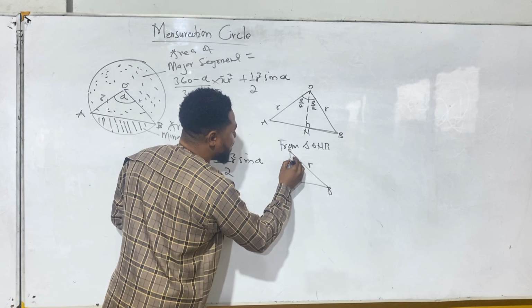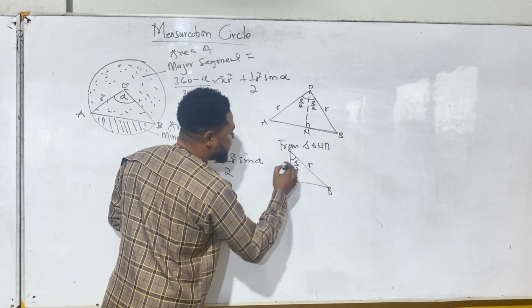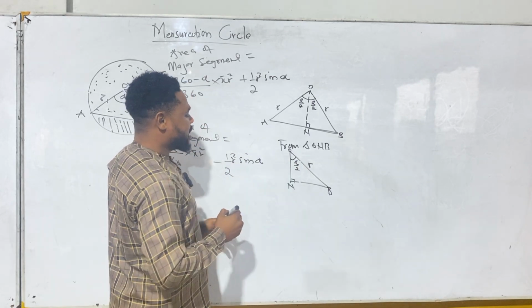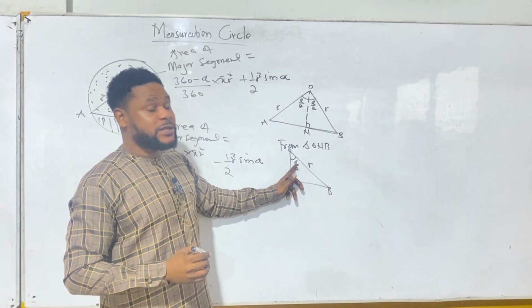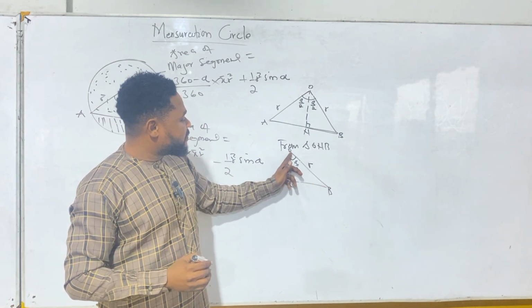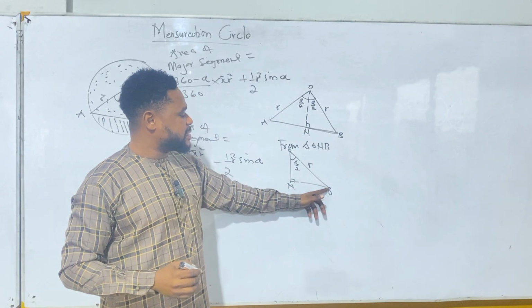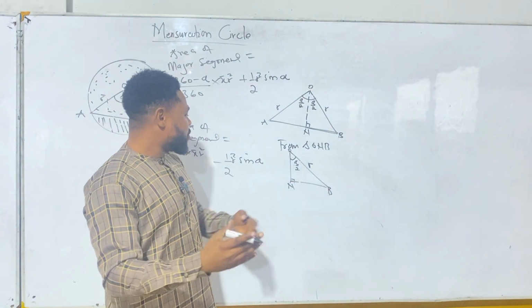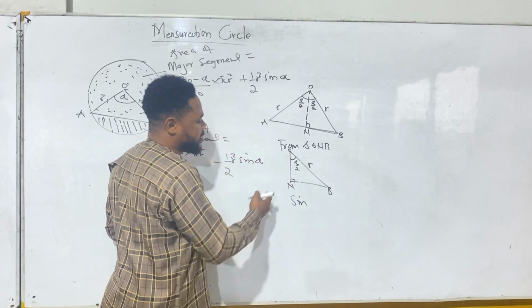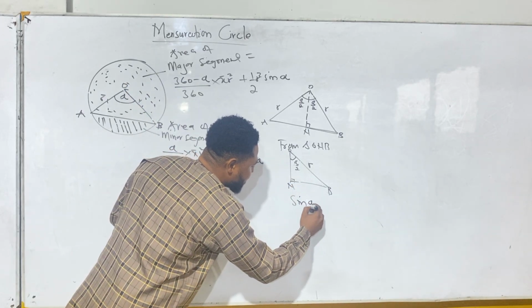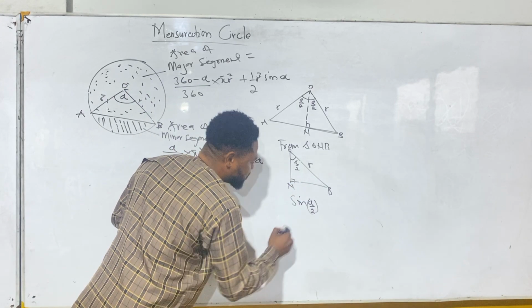This is R. Our angle here is alpha divided by 2. Now, we want to find NB. And NB is opposite to the angle, and we have our hypotenuse. So, opposite and hypotenuse, we are going to use our sine ratio. So, we say sine, then we break our angle, alpha divided by 2.